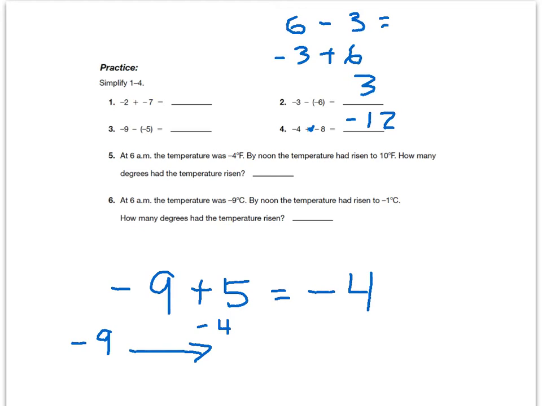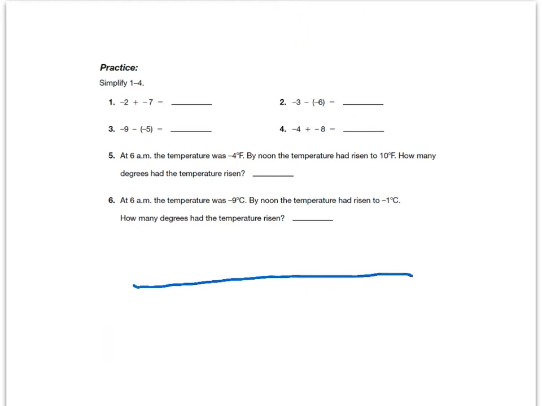So if the temperature was at -4, I would make a number line maybe with a -4. And then I would go, well, by noon, and I remember that noon is irrelevant, but the temperature has risen to 10 degrees. Oh my. So it didn't rise 10 degrees. This is a different situation than we've had. It's got to get up to 10 degrees.